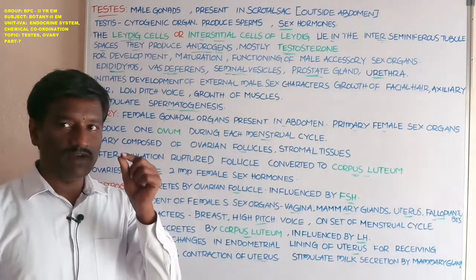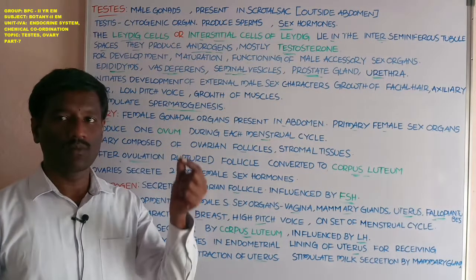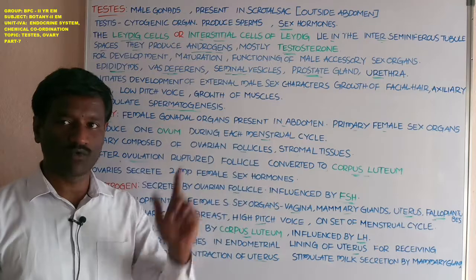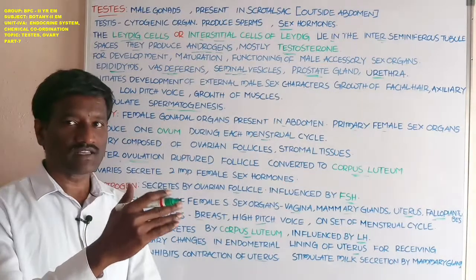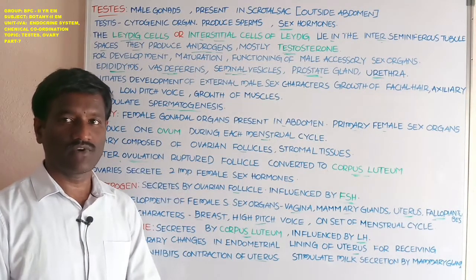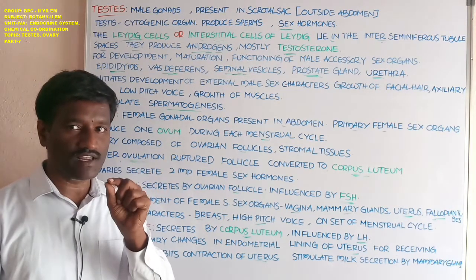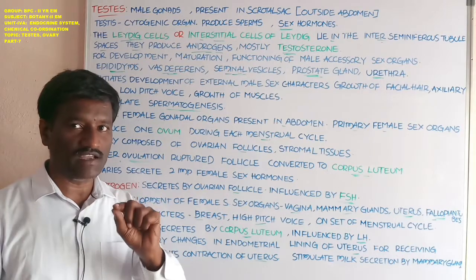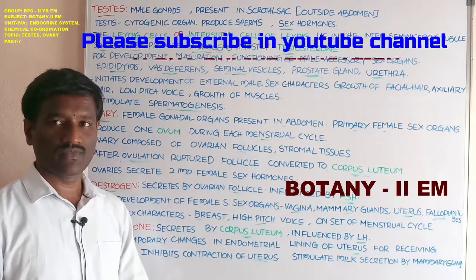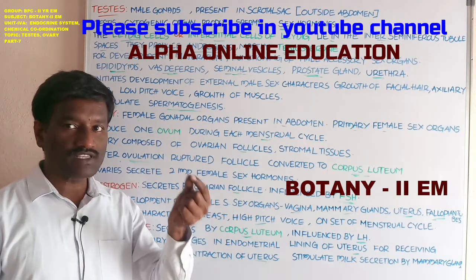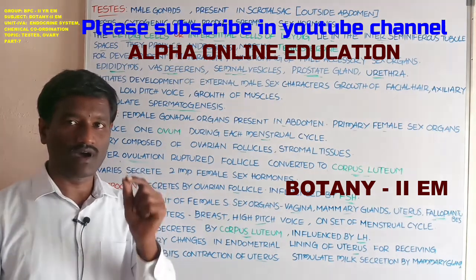Each menstrual cycle requires production of the egg, the oocyte or ovum, from the ovary, and preparation of the endometrial lining of the uterus for pregnancy.